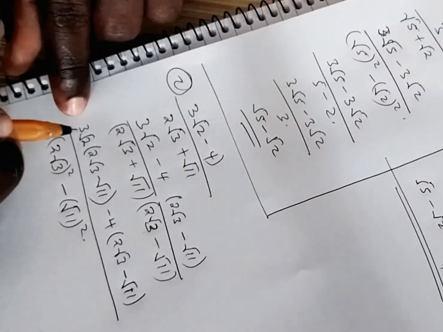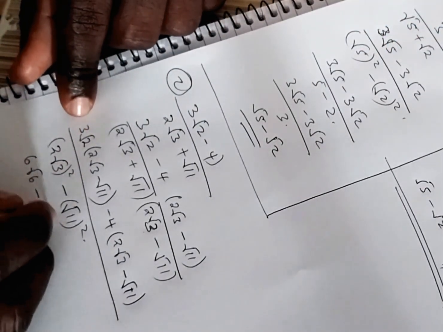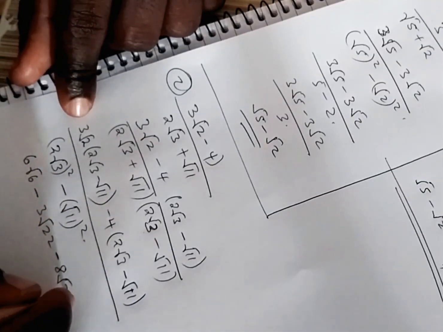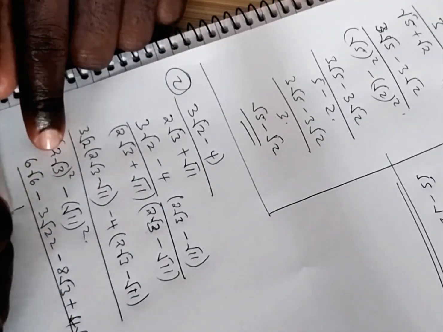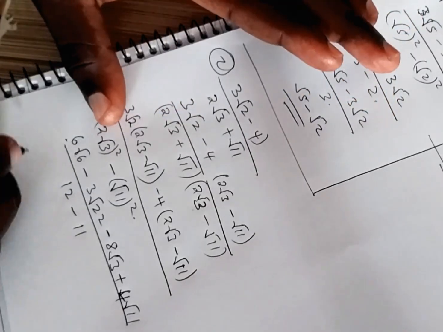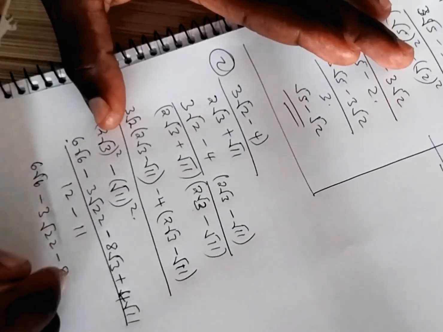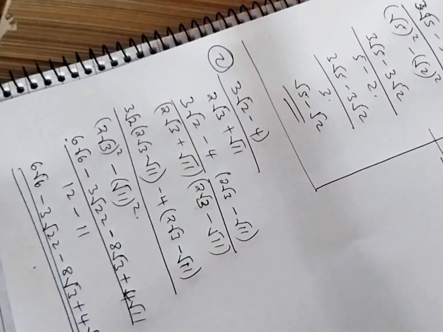At the numerator, it is 6 root 6 minus 3 root 22 minus 8 root 3, plus 4 root 11, all over 4 times 3, that is 12 minus 11. So at the numerator we have 6 root 6 minus 3 root 22 minus 8 root 3 plus 4 root 11. That's the answer there.